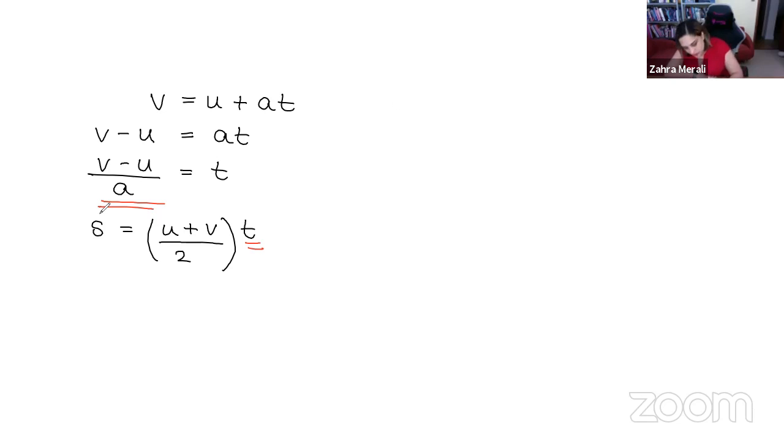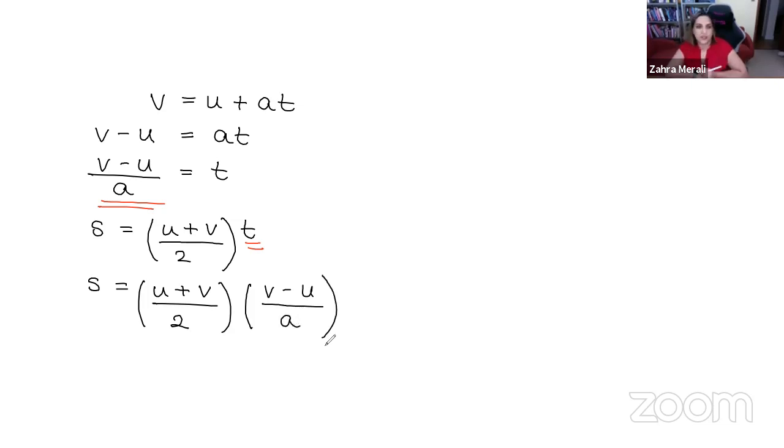So when I substitute it in, I get S equals U plus V over 2 multiplied by V minus U over A. Now, hopefully you recognize the top bits of that is a difference of 2 squares. So the top parts of that equation are simply V plus U multiplied by V minus U. Even though it says U plus V, if you've written it V plus U, it's the same thing.